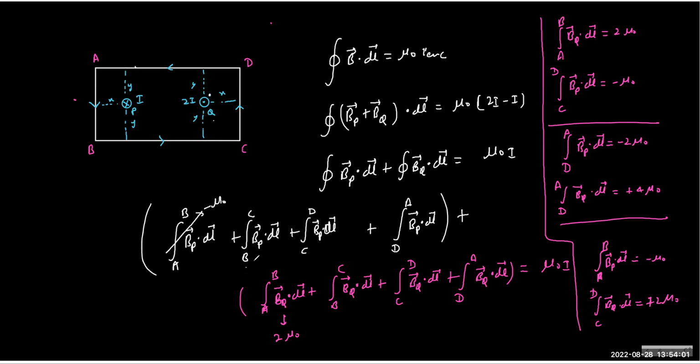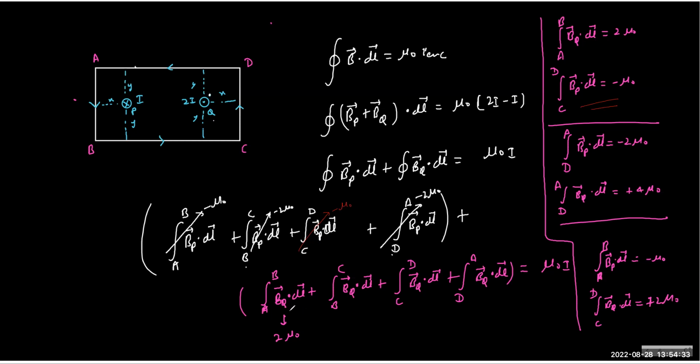Yes, sir. B to C is the same as D to A, and both will have the same sign. Minus 2 mu naught. Minus 2 mu naught. And BP C to D, we have written somewhere: minus mu naught.